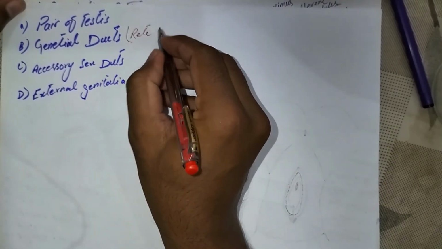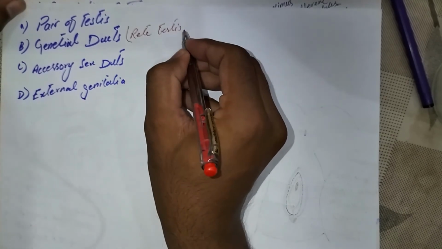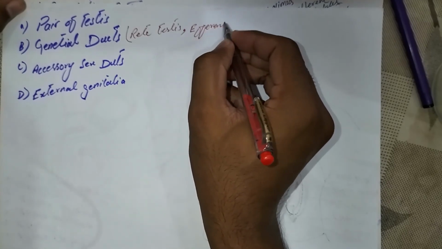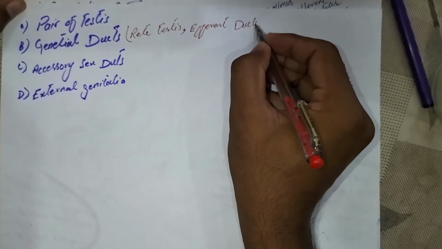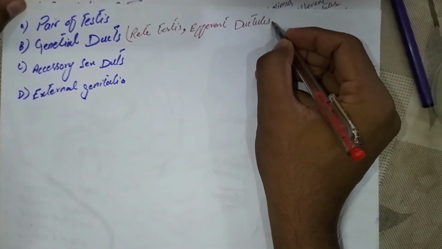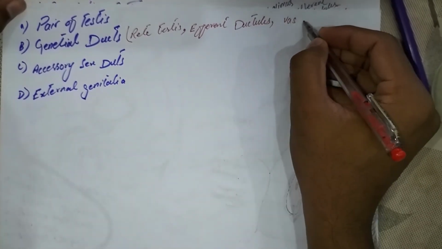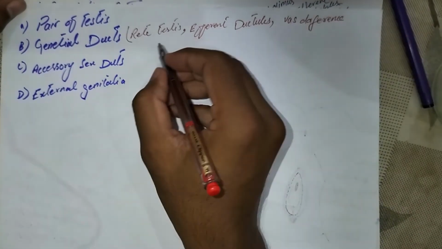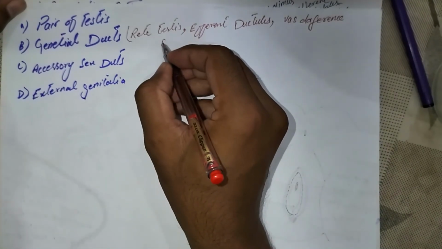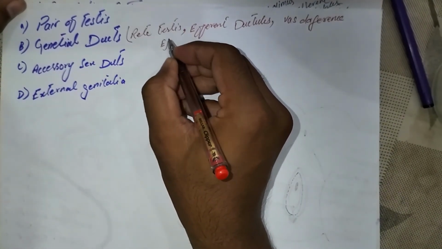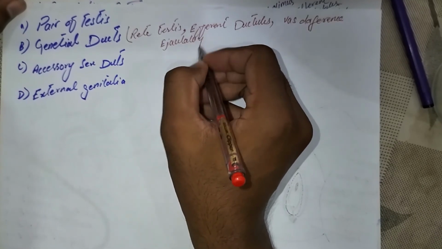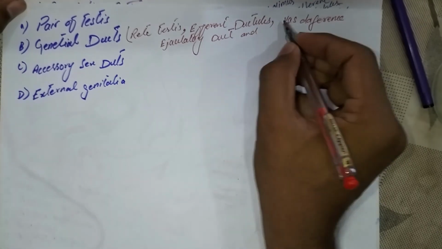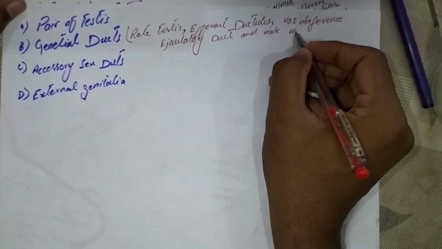The genital ducts consist of the rete testis, efferent ductules, vas deferens, ejaculatory duct, and male urethra.